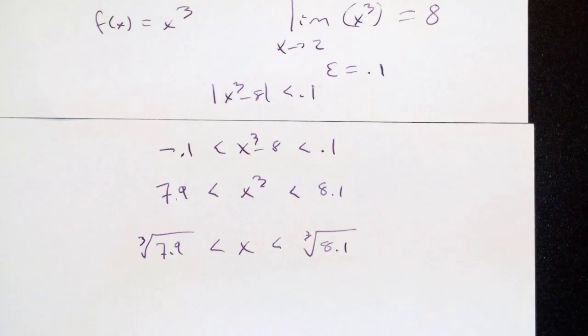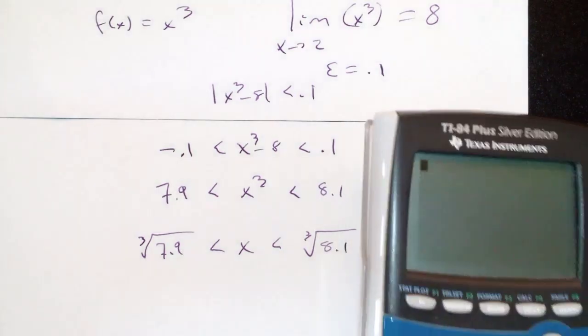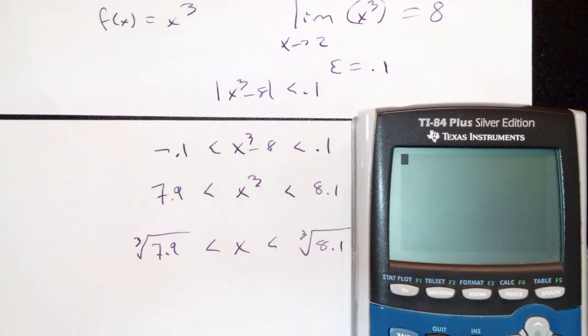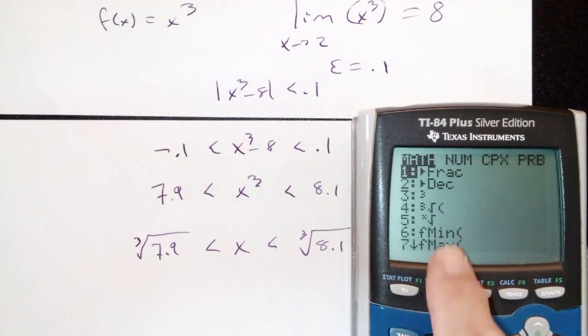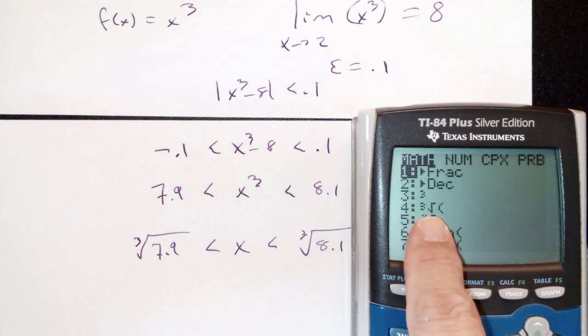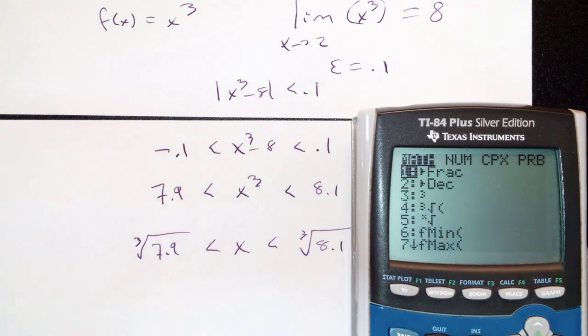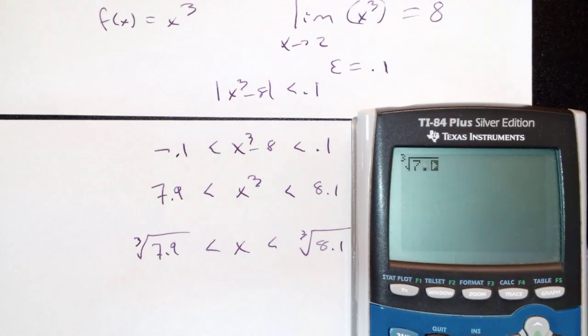It's hiding under the math menu. If you hit the math button, third button on the left side, there's a cube root right there. But you can also use a 1/3 power. Remember, we said that powers and roots went together. So I need the cube root of 7.9, lots of decimals.